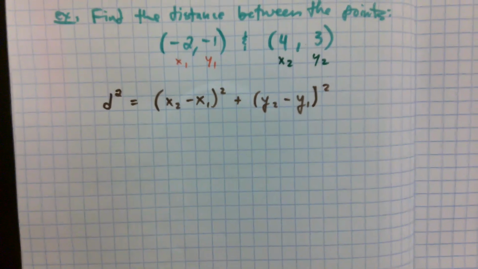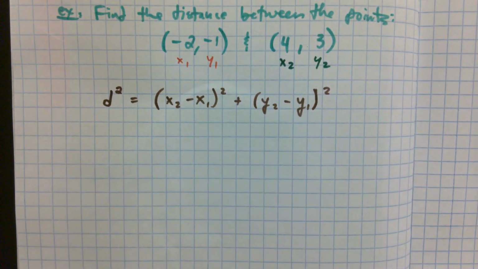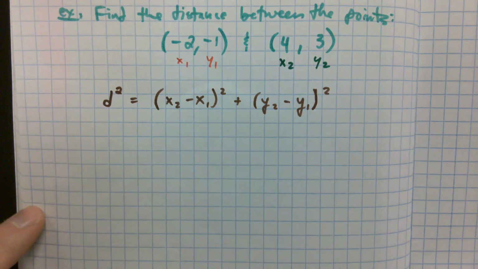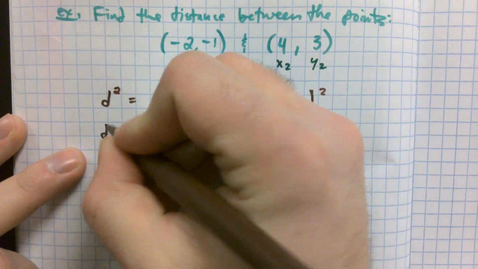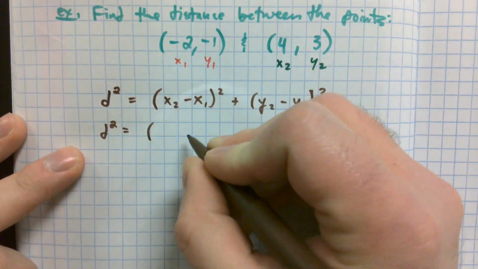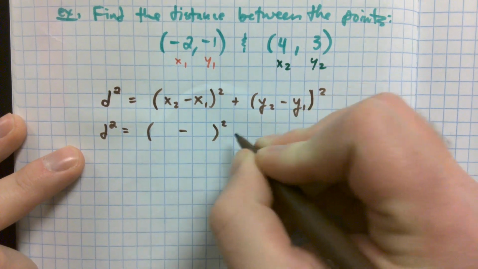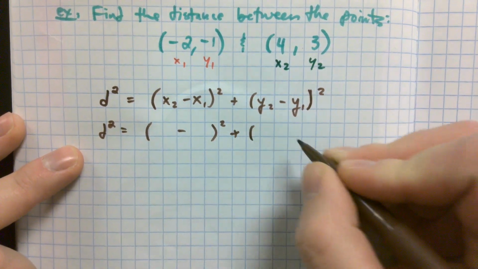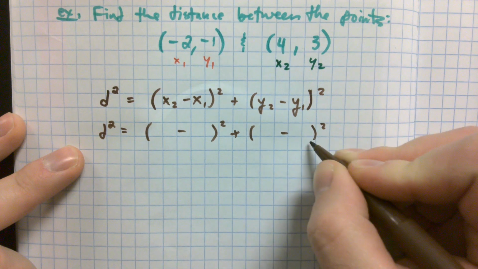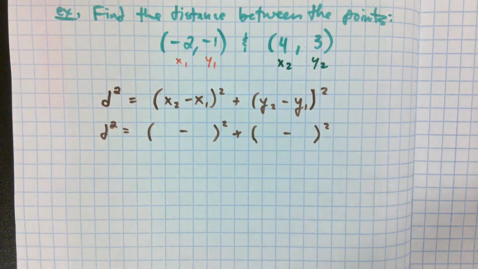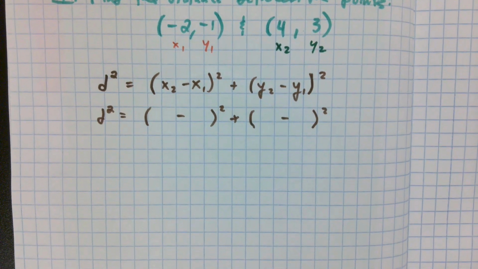Now we've got to plug them in. So I'm going to set up my equation again without all those variables. Something minus something squared plus something minus something squared. I've got to know what all my somethings are.